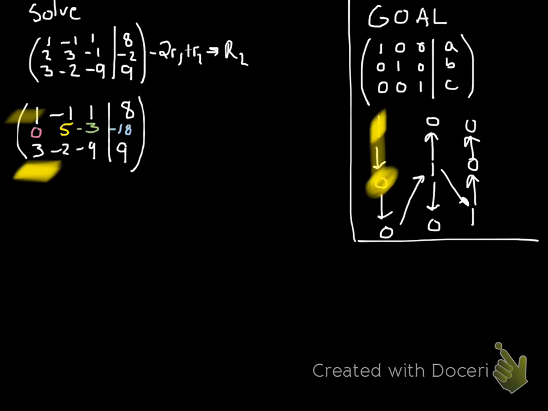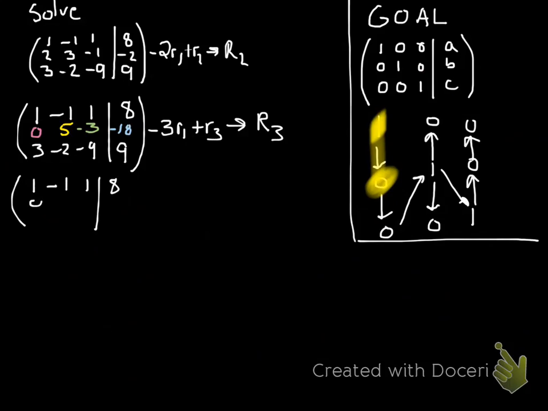So I'm going to take row 1, and 1 times -3 will make a -3, and the -3 and the 3 will make 0. So that's what we're going to do. We're going to multiply the top row by -3. The top 2 rows are unchanged. The only thing that's changing is row 3.